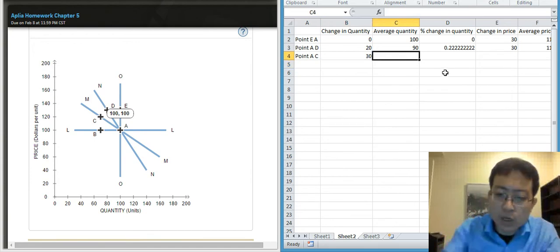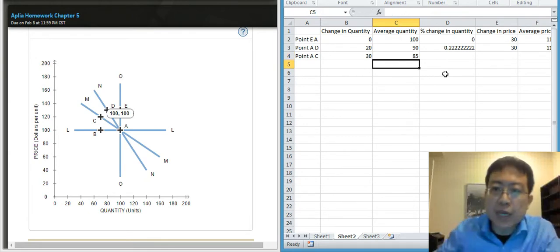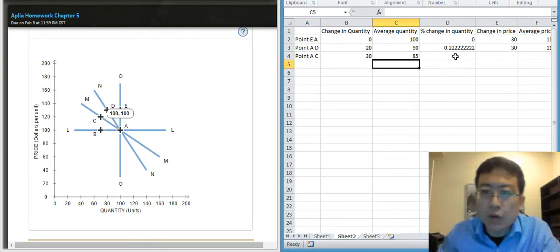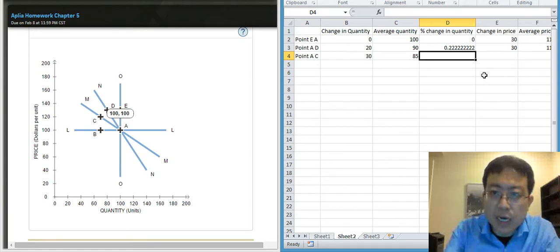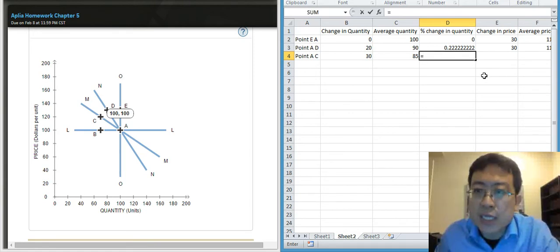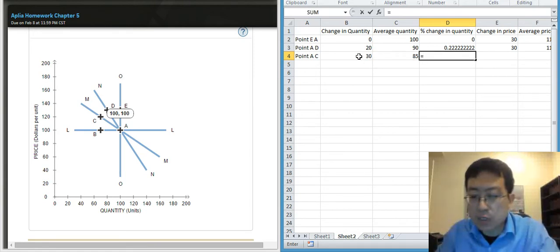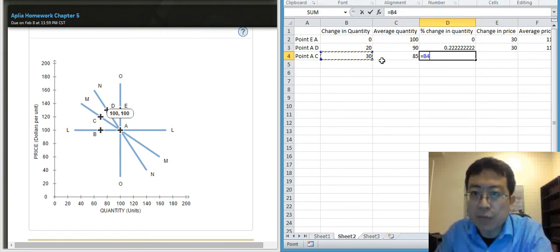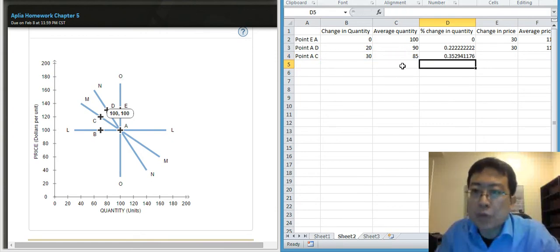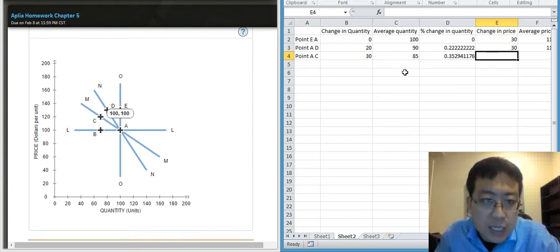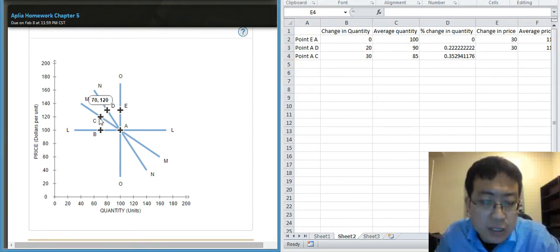And then the average quantity: 100 plus 70 divided by 2, so 85. And then your percentage change in quantity: use your change in quantity, 30, divided by your average, 85, and this should be 0.3529.